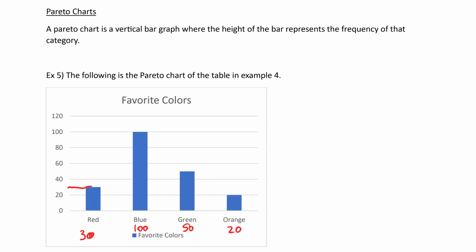If we just want to know what was most people's favorite color, just look at the highest one. 100 people said blue. If you want to know what the least popular one was, go with the bottom one. 20 people said orange. Again, just a nice and visual way. I'm not going to go over bar graphs that much right here. Most of you have probably seen plenty of them in your life.